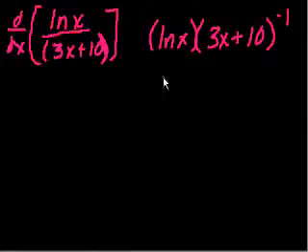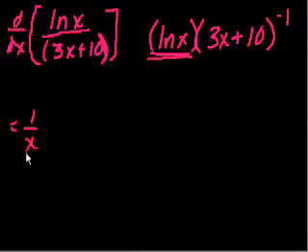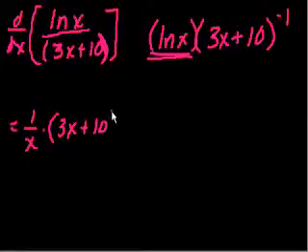So let's do it. The derivative is, we take the derivative of the first term, the natural log of x, and we learned in the last presentation the derivative of the natural log of x is 1 over x, which is pretty cool in and of itself. And we multiply that times the second term, 3x plus 10 to the negative 1 power. And to that, we add the derivative of the second term times the first term.